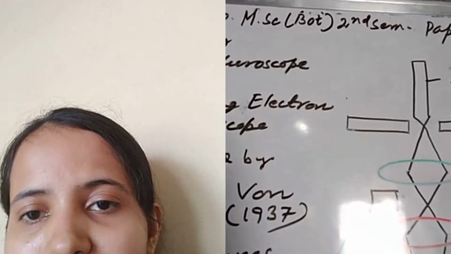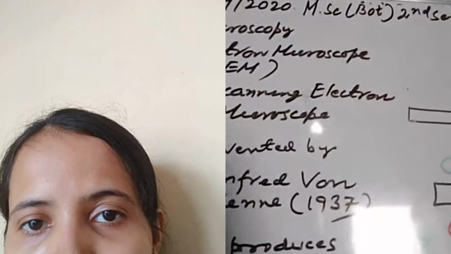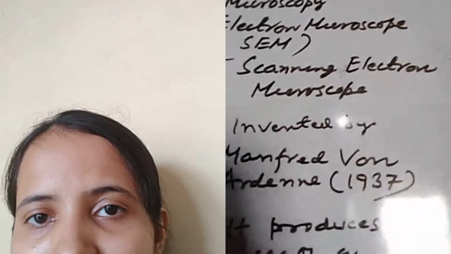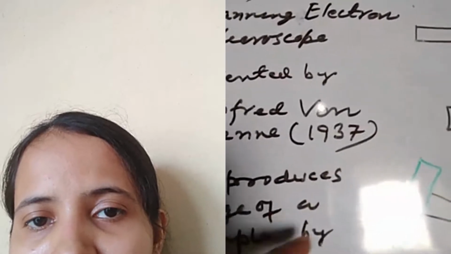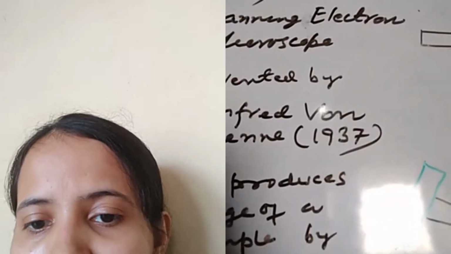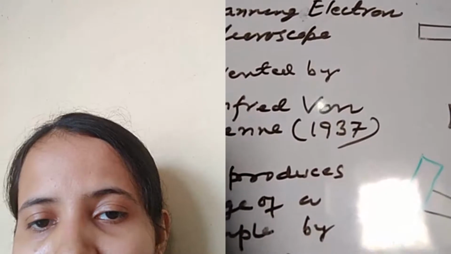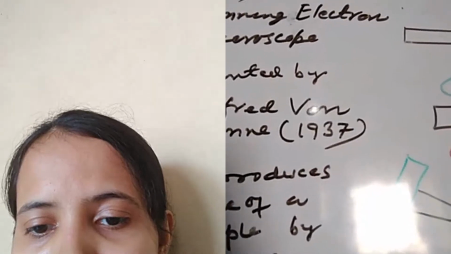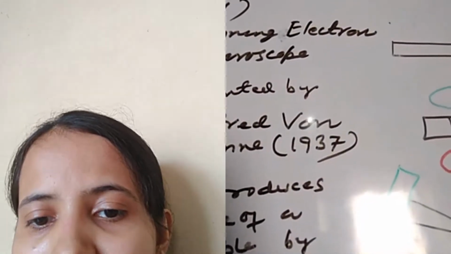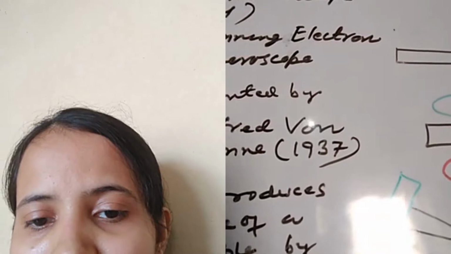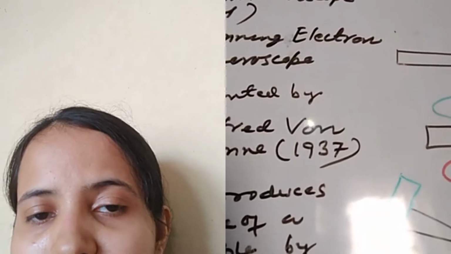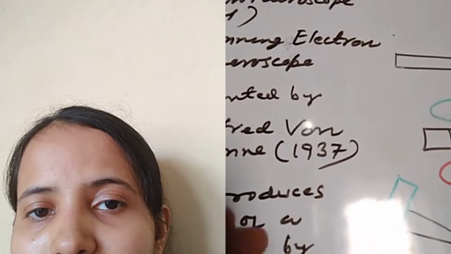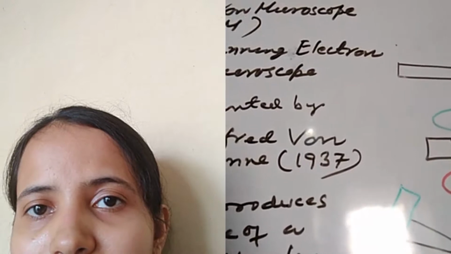How will you define the term scanning electron microscope? Such an electron microscope which produces an image of a sample by scanning the surface of the object or sample with a focused scan of electrons is called a scanning electron microscope.